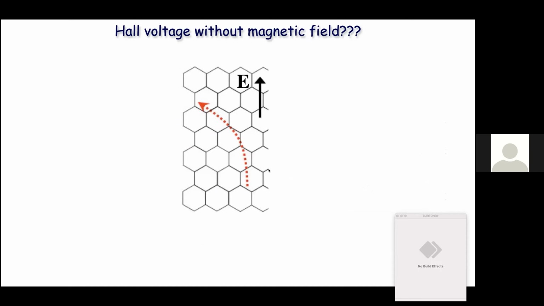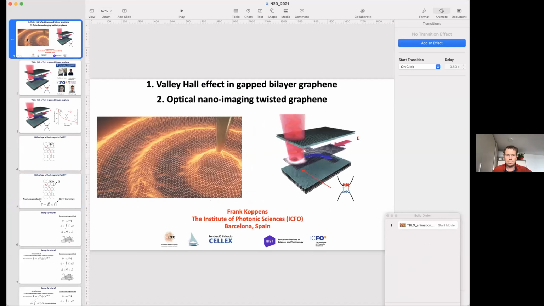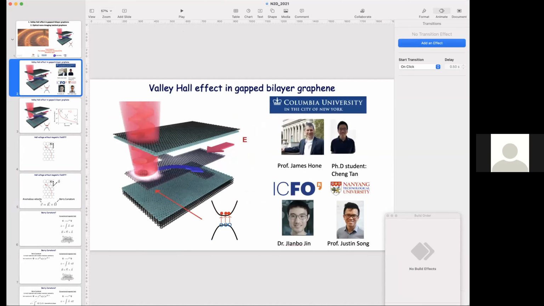If I can just interrupt. You've got a window that says no build effects. It's on your screen, on your computer, not on ours. Can you see it on your screen? It's probably something to do with the animation. Okay. Let me start the sharing again. Let me try to do it without the animation.